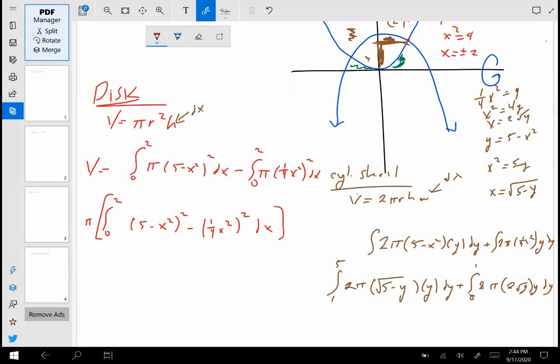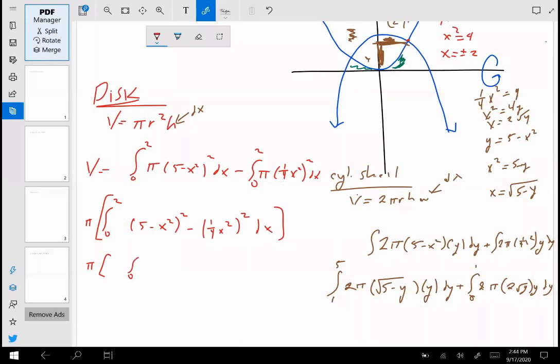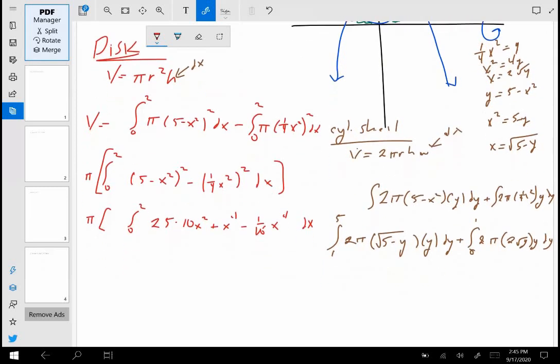All right, so just simplifying things so it's a little easier on the integration part.